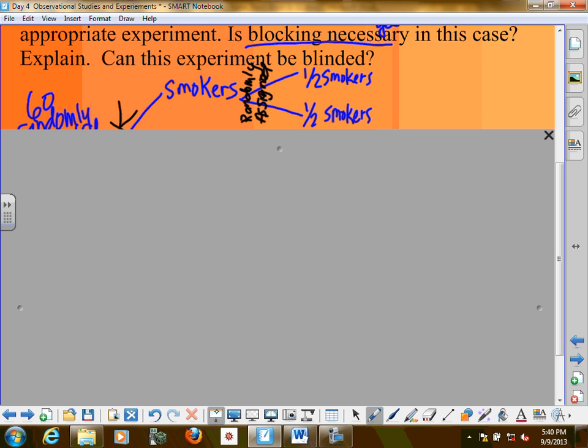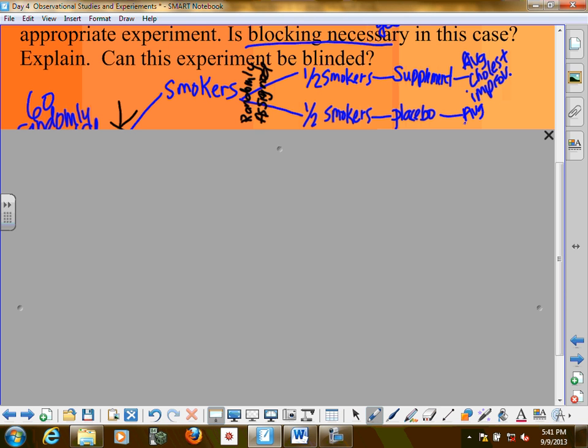All right, so now with that, I am going to give one of these groups the supplement, and one of these groups the placebo. And what am I going to measure? I'm going to measure average cholesterol improvement.